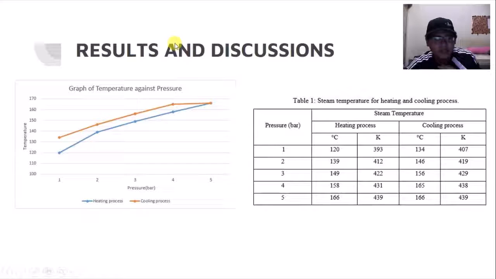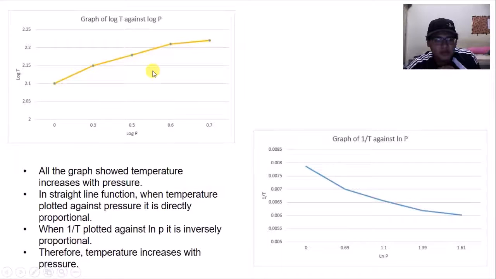As we can see, there's a graph of temperature against pressure, and this is a table of the graphs. Next, we have a graph of log T against log P and a graph of 1 over T against ln P. Okay, the correlation of the three graphs is to show that the temperature increases with pressure.